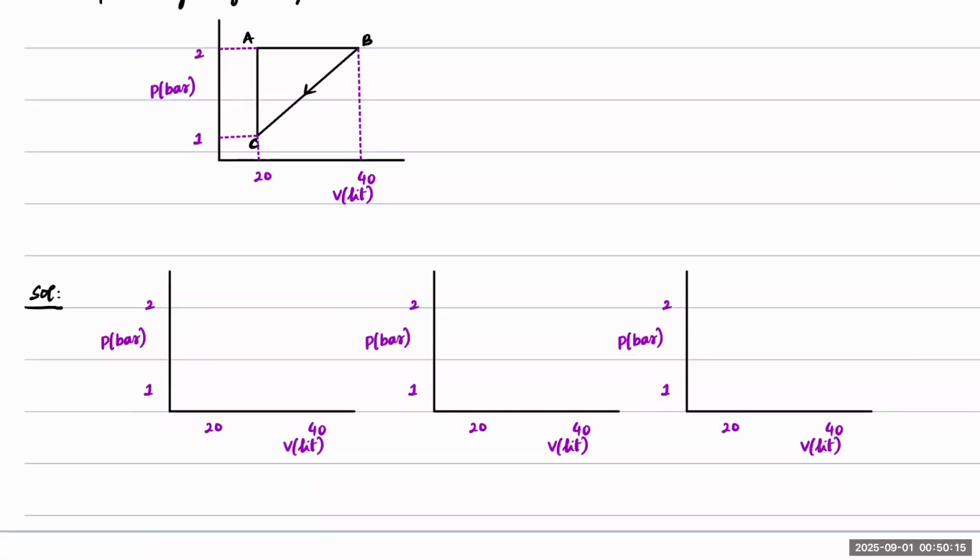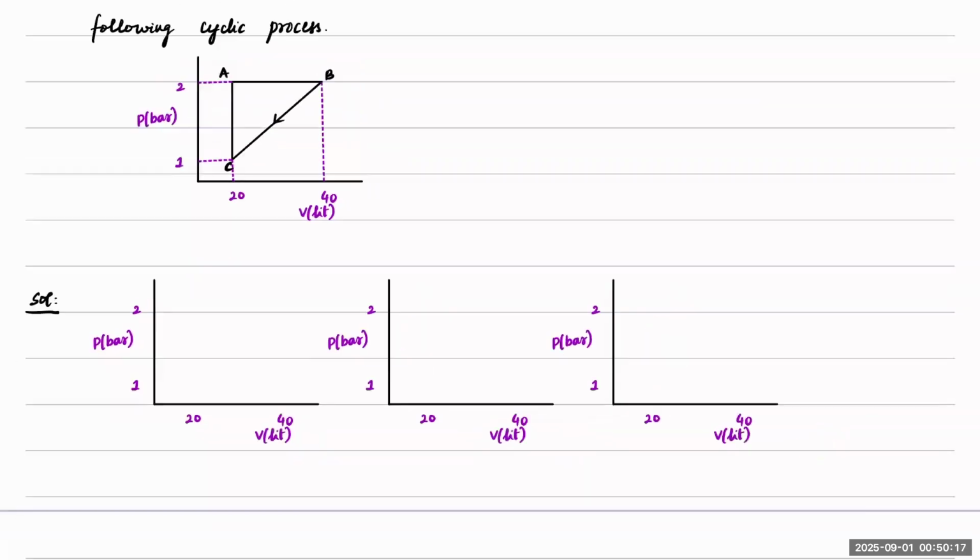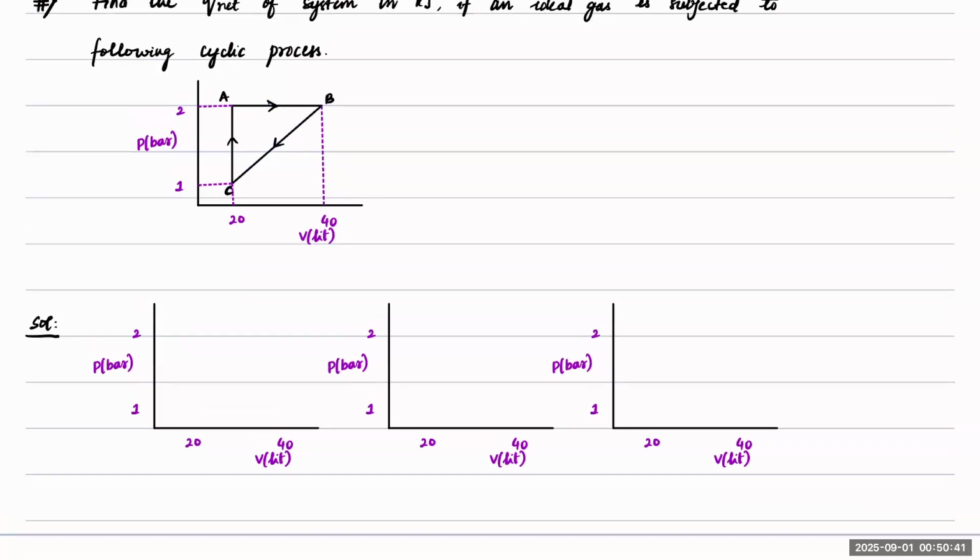Now, while doing these kinds of questions, I never ask you in the question to find out the individual path work done or heat. That means we are not interested in how it is going from A to B, then B to C, then C to A. We are directly interested in checking out the overall heat or overall work done. Now I can say one thing, that this is a cyclic process, and for a cyclic process dU will always remain 0.